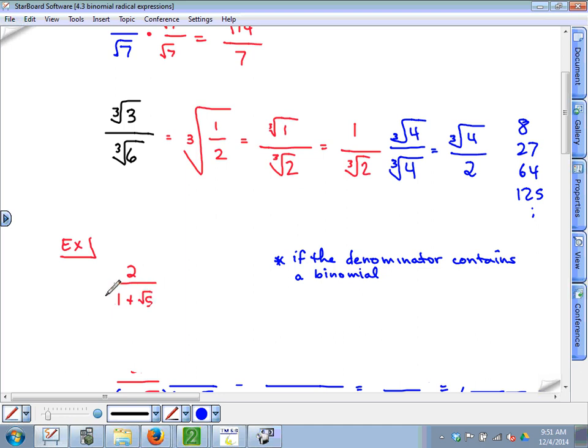Does this denominator contain a binomial? Yes. Did any of these denominators contain a binomial? No. If your denominator contains a binomial, multiply by the conjugate of the denominator. You always multiply by the conjugate of the denominator. Because sometimes you can have a binomial in the numerator, and that's fine.